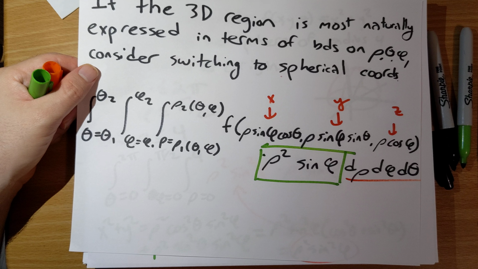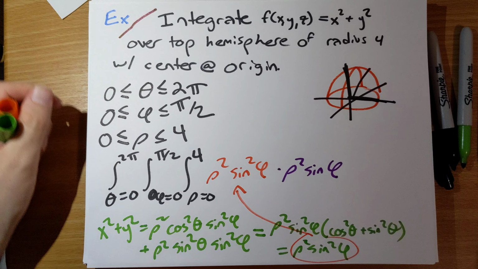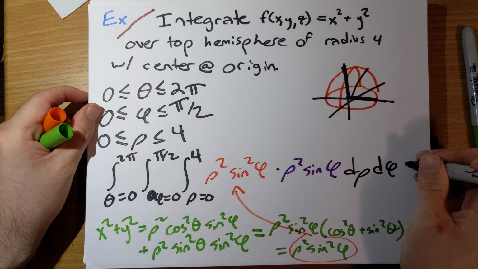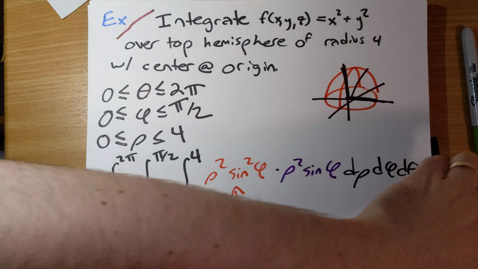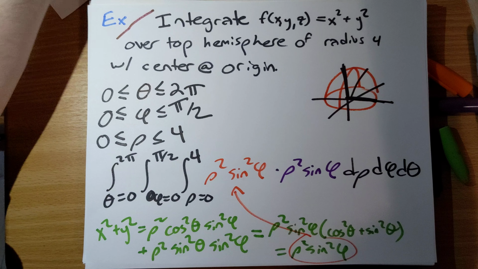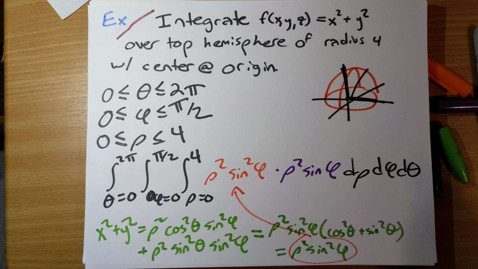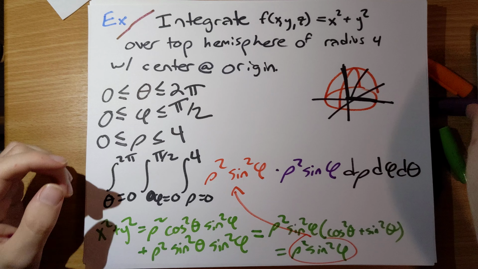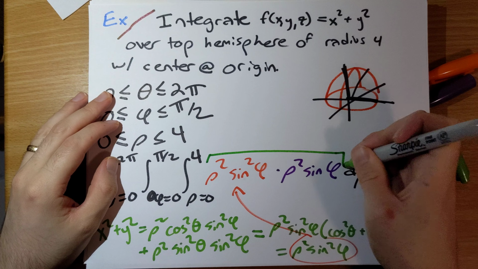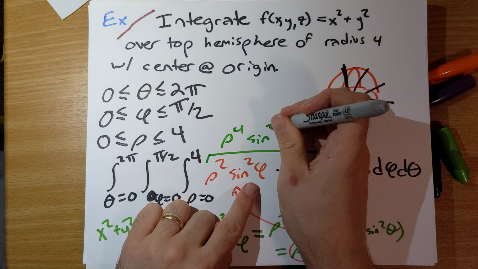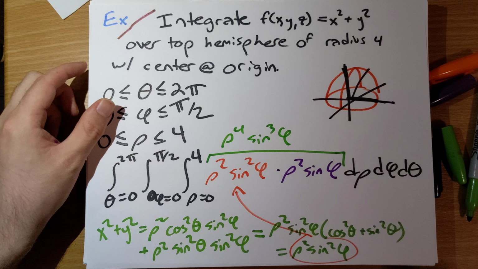We'll see why next section. d rho, d phi, d theta. Okay, so this is the integral that we need to evaluate. Take a look here. I think we can combine these together to rho to the 4th sine cubed phi.